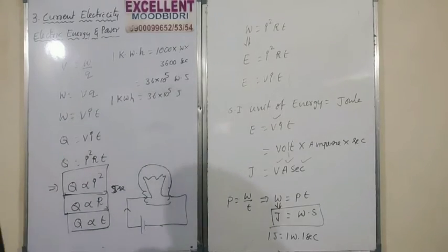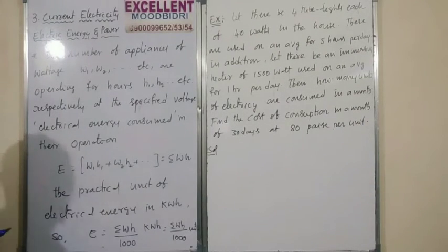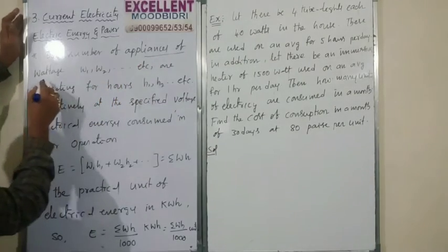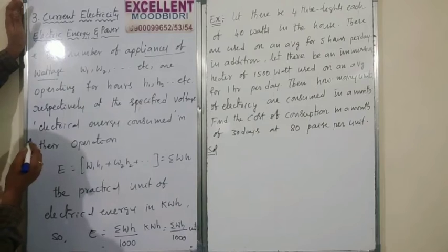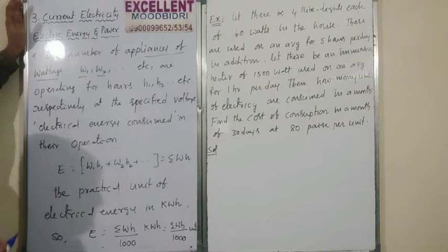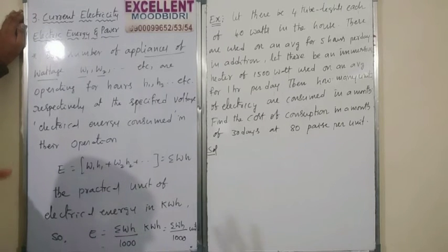One more small example. If a number of appliances have wattage W1, W2, and so on. Wattage is the printed power value.